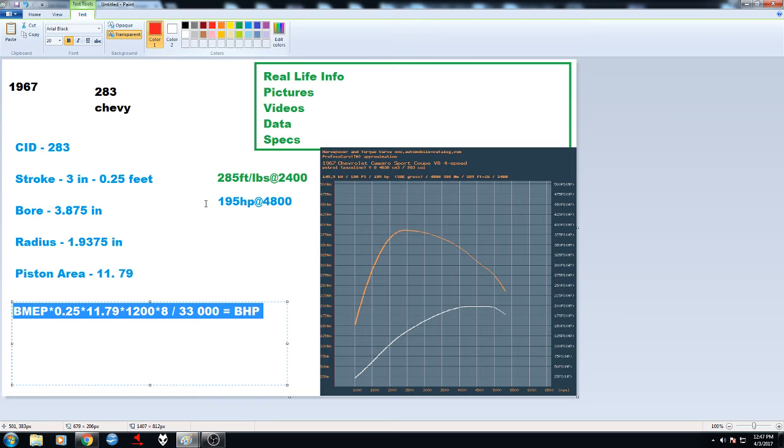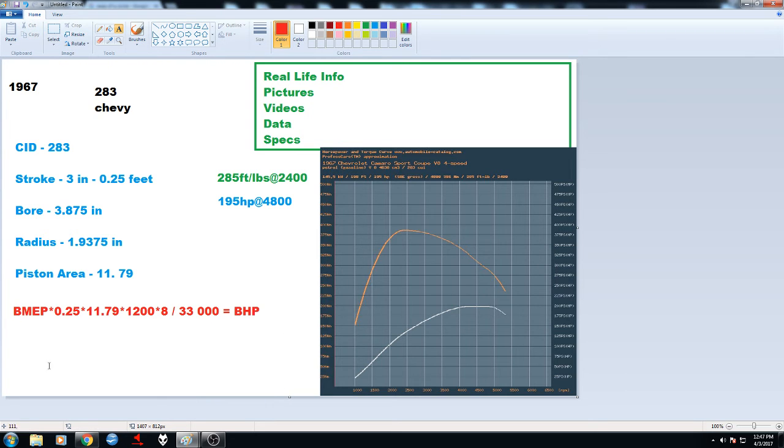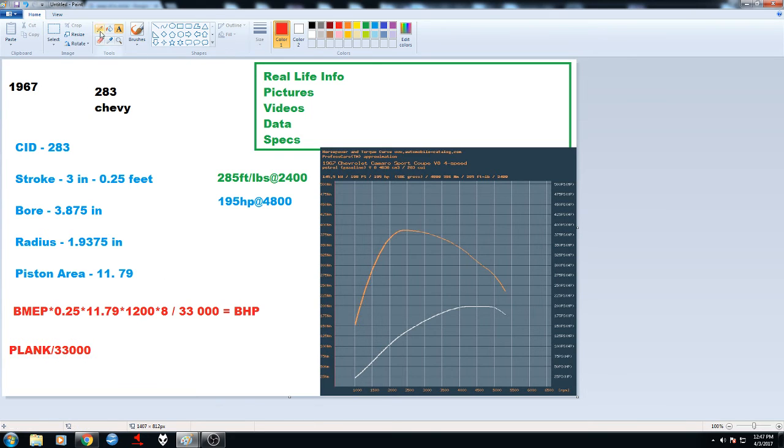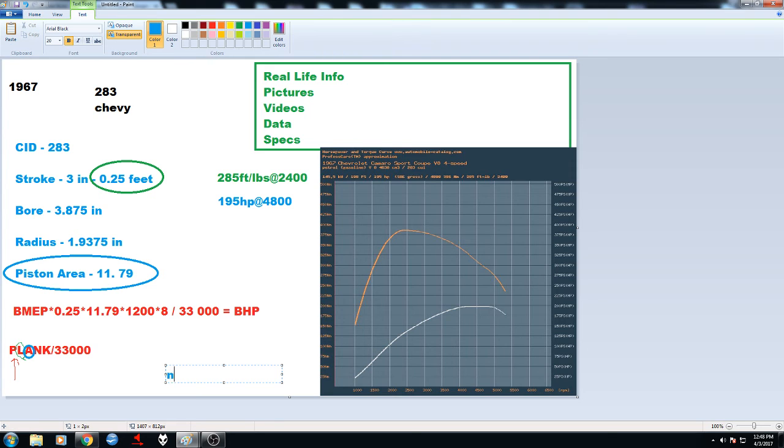Let me go in red. The formula goes like this: PLANK divided by 33,000, where P is the pressure value, L is length of stroke in feet, A right here is the piston area, N is 1/2 the RPM that you are making.